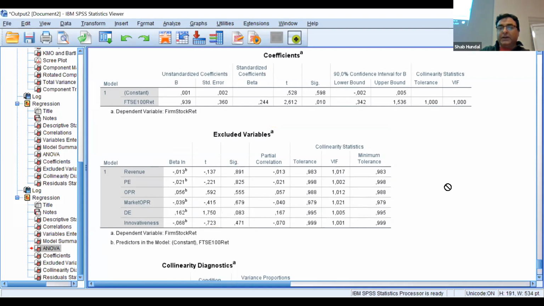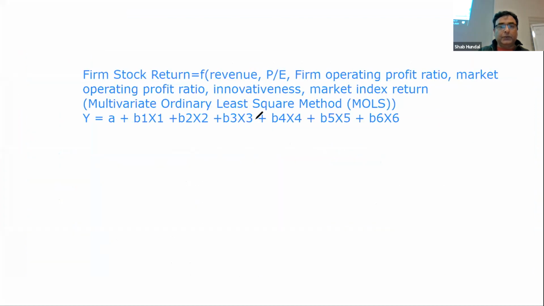So yeah, once I have these variables, I can go back to the whiteboard that we created. So we could say that the firm stock return, which is the Y variable, is equal to... which variable was I using for D to E ratio? I didn't write it.